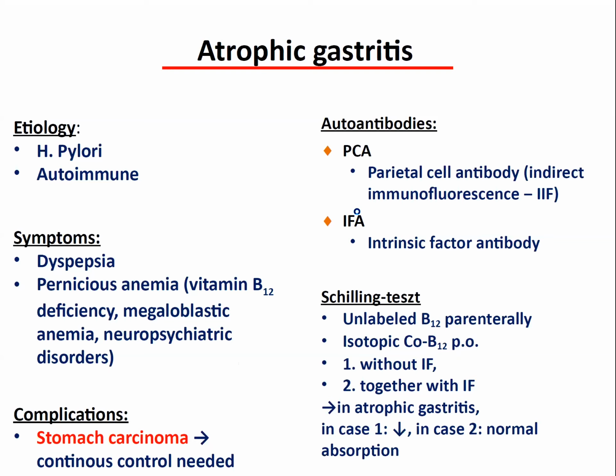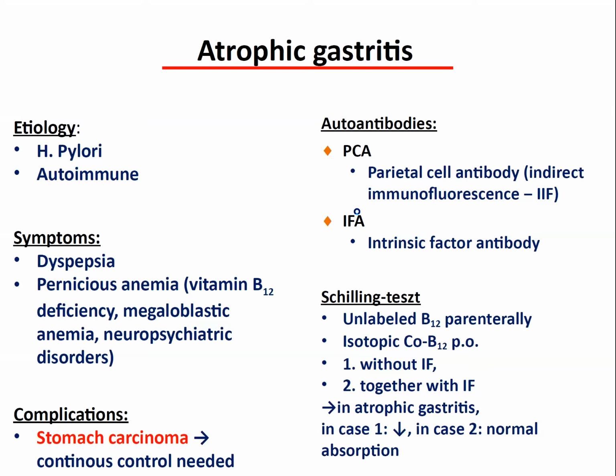And you want to see whether this B12 malabsorption is due to an abnormal milieu in the stomach. For example, you don't have intrinsic factor, or you have some additional problem. In this test, they first give unlabeled B12 parenterally, and after that isotope-labeled B12 is given orally, and they measure the labeled B12 in the urine.